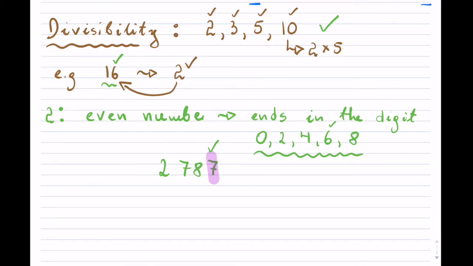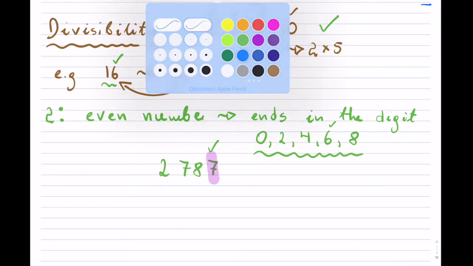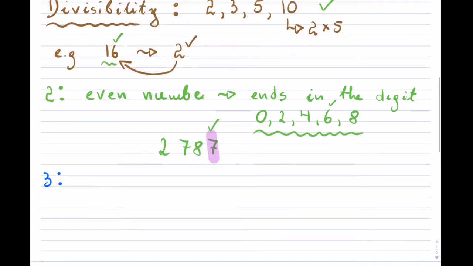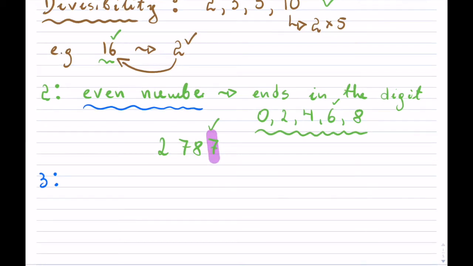Now, the number 3 also has a very interesting rule. It is not as easy as with number 2. However, it uses this one concept, which I just want to let you know about. Divisibility by 3 isn't as easy as just checking the last digit.